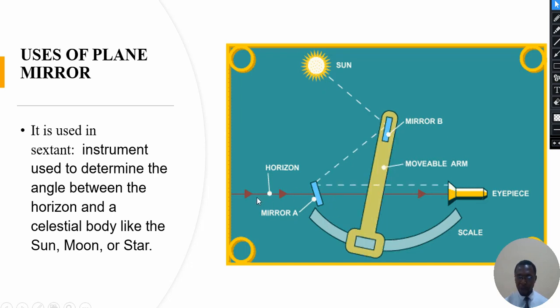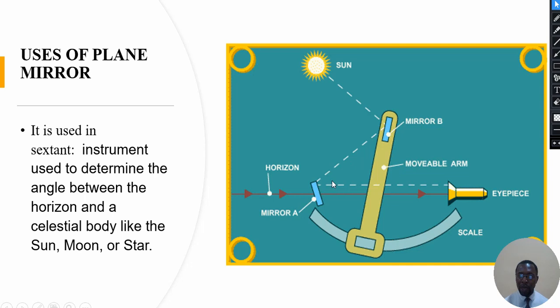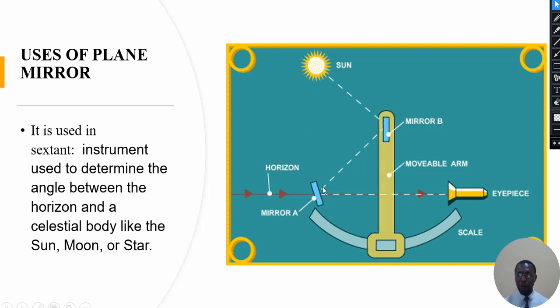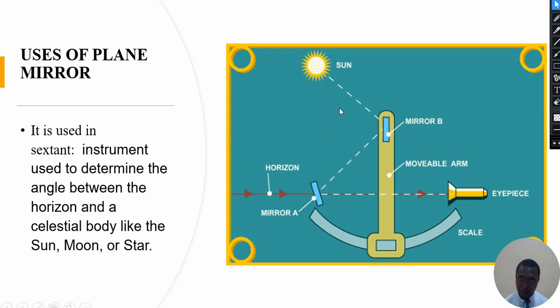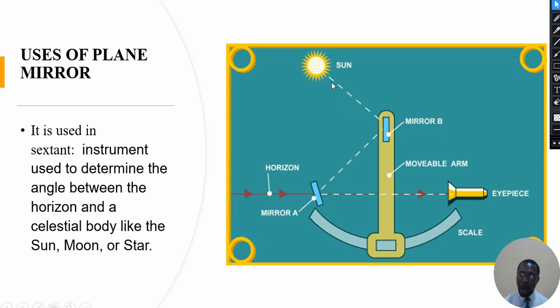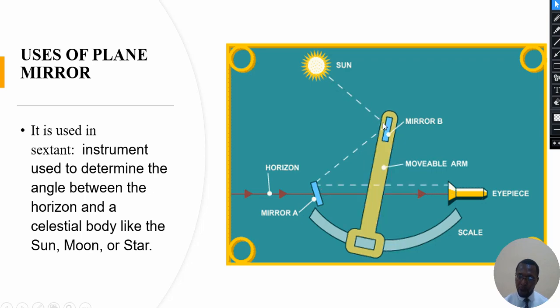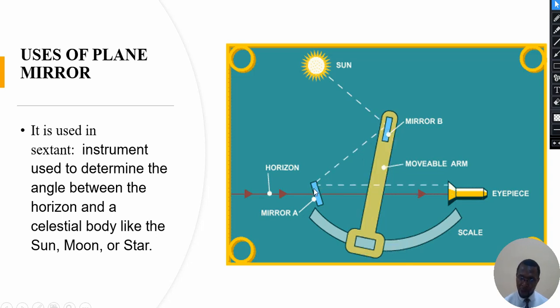Okay, the horizon is just the surface of the earth where it's assumed that the celestial body forms an angle. Now, for you to determine the angle between the horizon and the sun, in this case, you'll pick up a sextant, lift it up a little, and once the light ray from the sun falls on the mirror, you see the first mirror now reflect that ray to the second mirror here, which now helps in determining the angle.